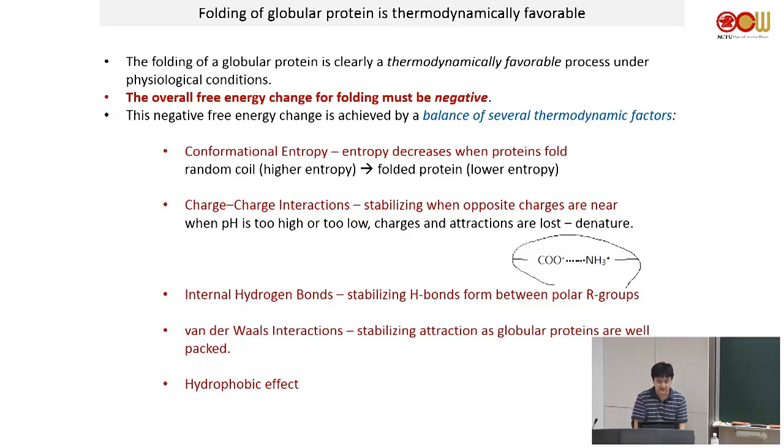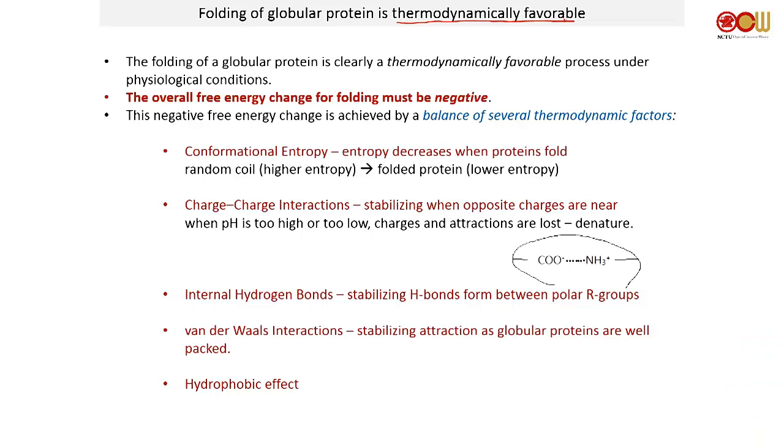Okay, so let's take a look at how protein folding is a natural process. So we're going to come out and say that folding of globular protein is thermodynamically favorable. And you're just like, what? Okay? You just love to hear the word thermodynamics. The folding of globular protein is clearly a thermodynamically favorable process under physiological conditions.